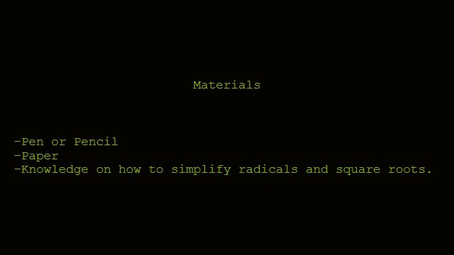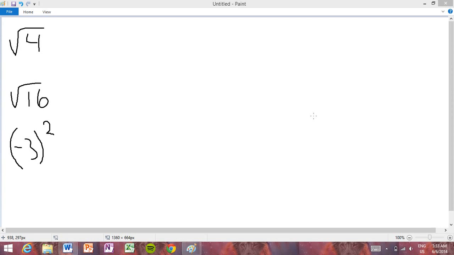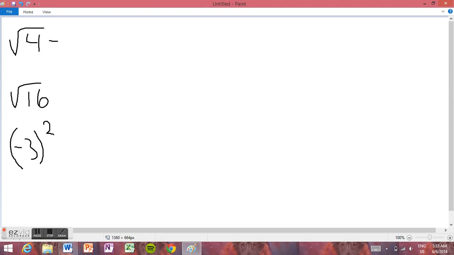Let's begin. So what are imaginary numbers? Basically, an imaginary number is when a number is squared and the result is negative. We know when we square real numbers, we will always end up with a positive number. For example, the square root of 4 equals 2. 2 is a positive number.